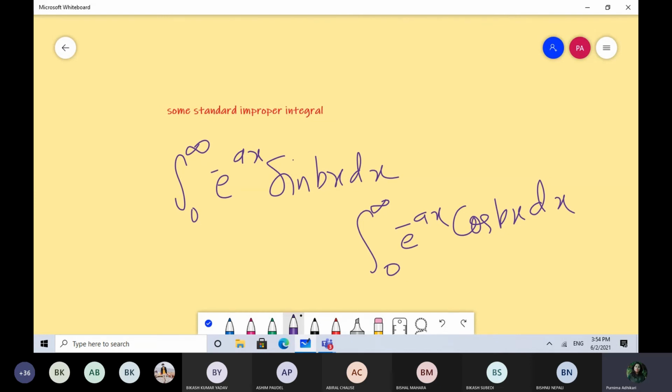So one standard improper integral is done with the help of differentiation under the integral sign, which is also one of the topics. One improper integral is exactly your gamma function, which we will also study most probably next to next lecture or next lecture.